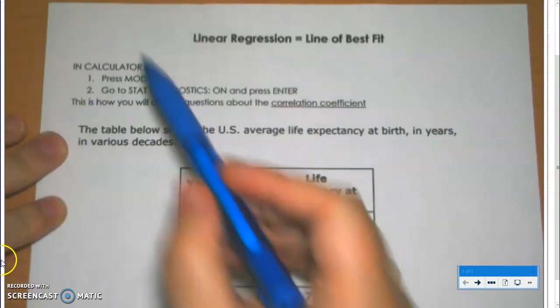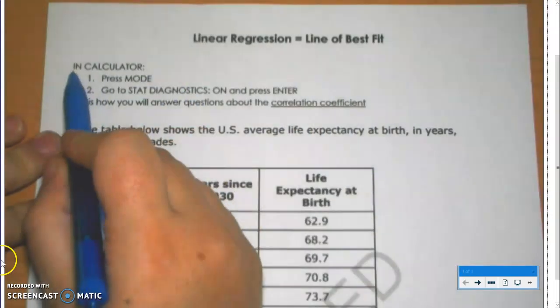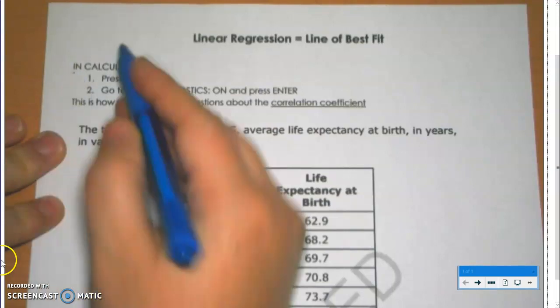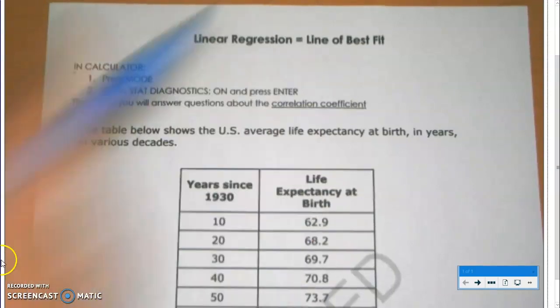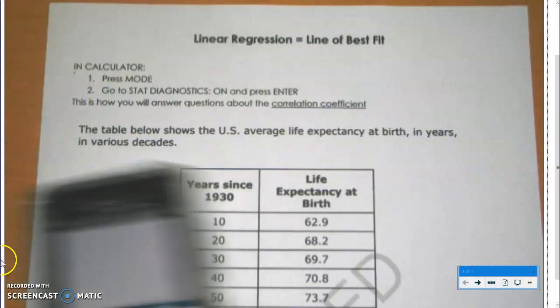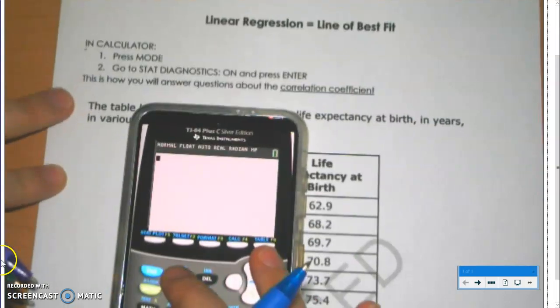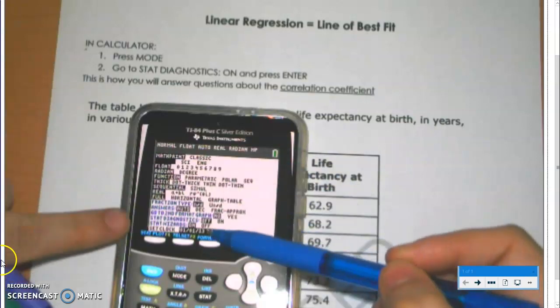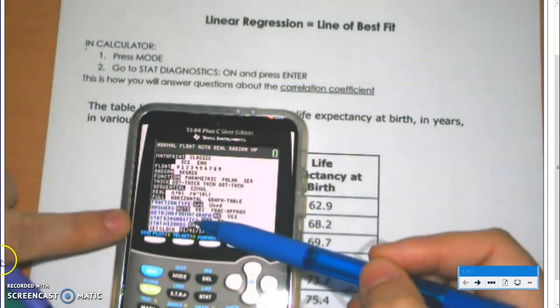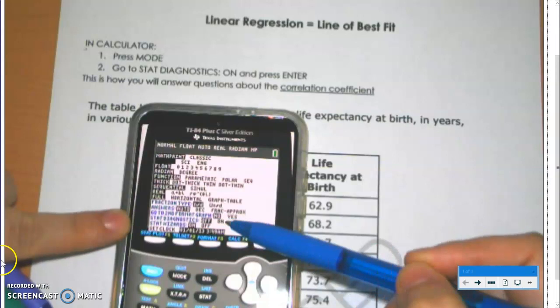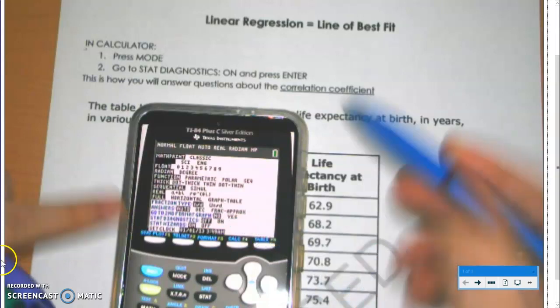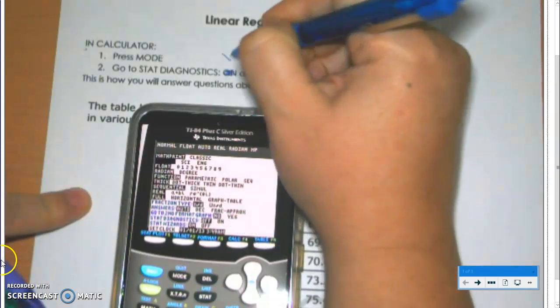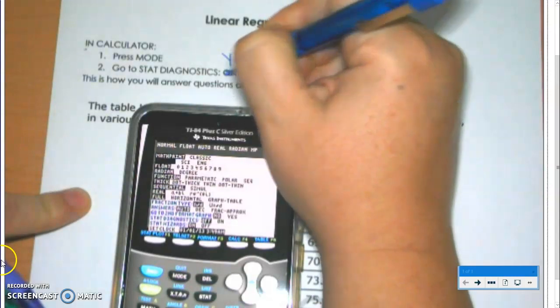In the calculator, as soon as you start the EOC, as soon as you get your calculator, what you should do is press the button that says mode. And then all the way down at the bottom, see where it says stat diagnostic? Go ahead and hit yes. Not on.